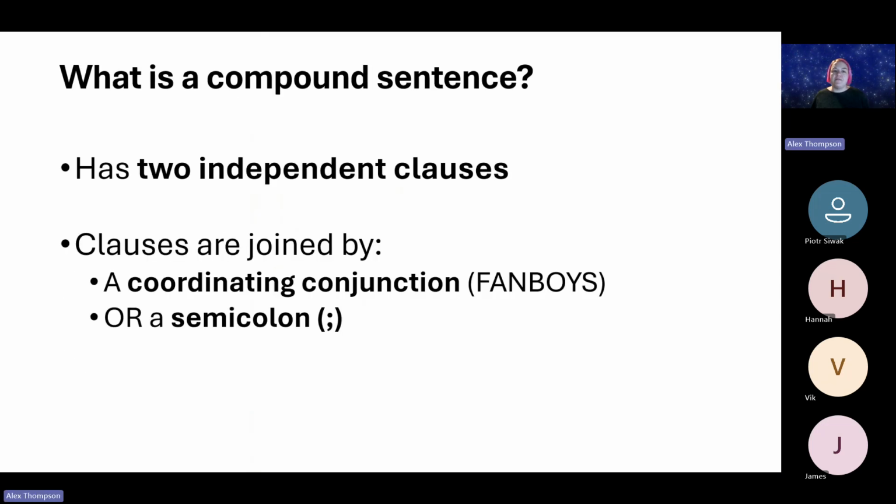So it says here that a compound sentence has two independent clauses. If something's independent, it stands on its own. I would replace the words independent clauses here with simple sentences, because that's all they are. That's the same thing. An independent clause is basically, like we said with simple sentences, an idea, a thought, an expression that stands alone.